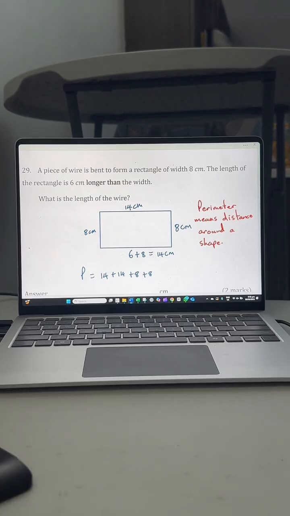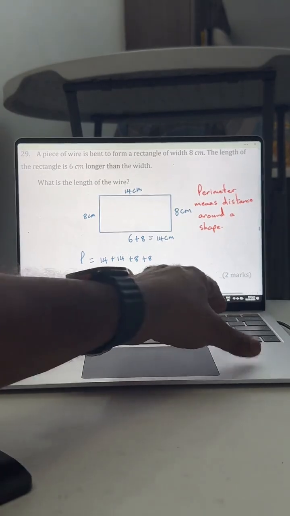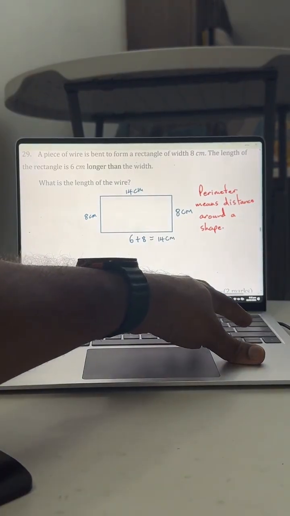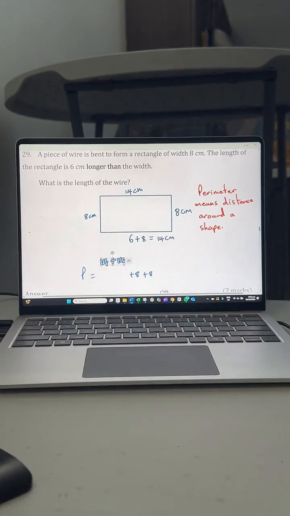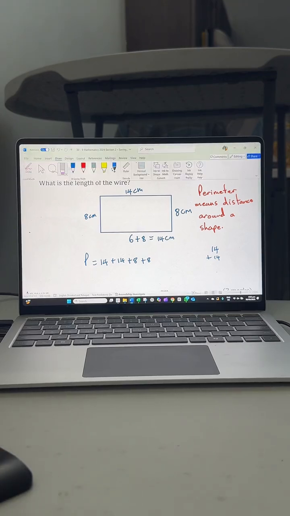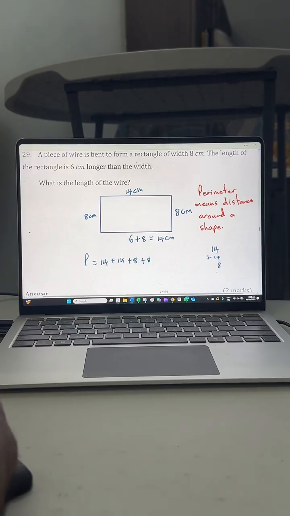If you need to go to your working column, go to your working column, right? 14 and 14 is what, Kiana? So it'll be 14 plus 14 plus 8 and 8.